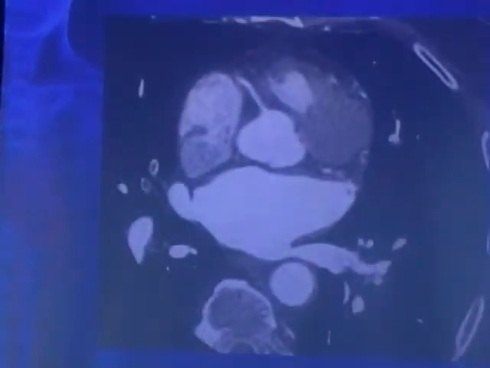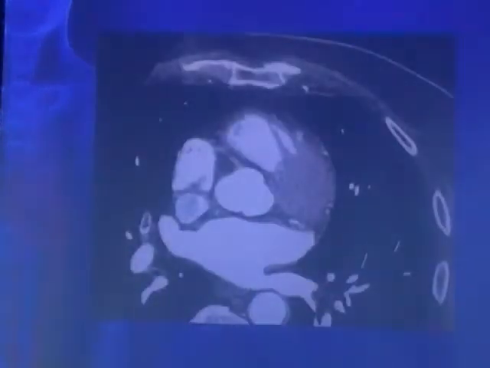Now, here's another case. Again, patient presented with chest pain. There are 3 images on this. So, anybody knows the finding? This is 1, 2, and 3.